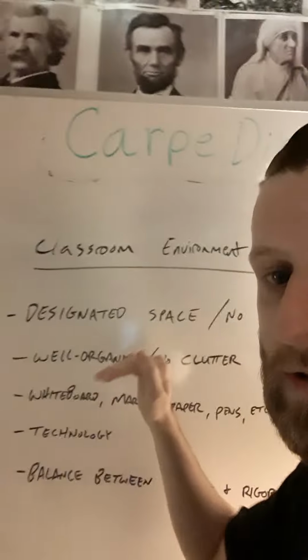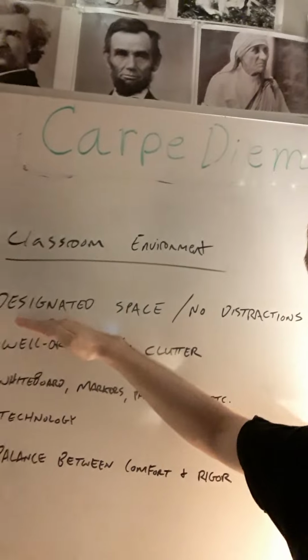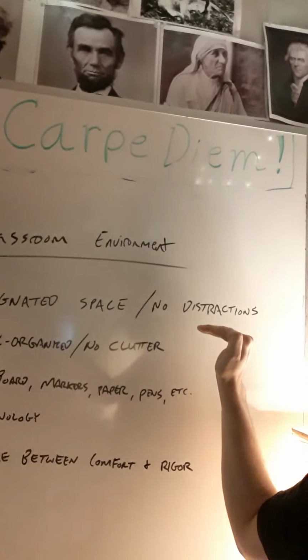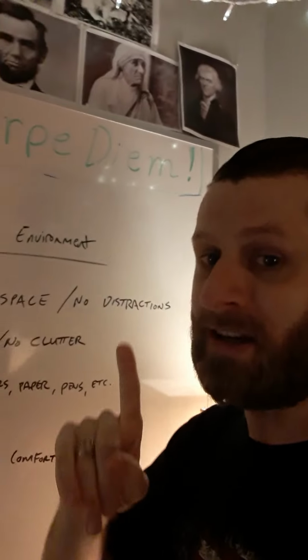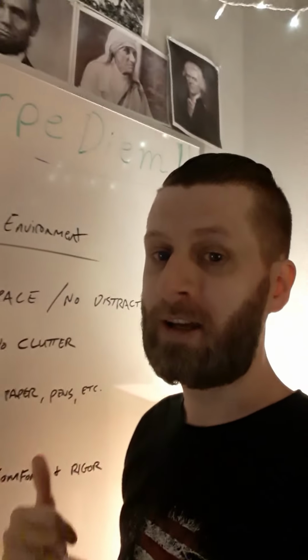Classroom environment. First, it's got to be a designated space with no distractions. This is key. I would say this is the most important one. You don't want to teach lessons in a space that's full of distractions. It seems self-explanatory, but you'd be surprised how many people don't take that into account, especially if you're not a professional teacher.